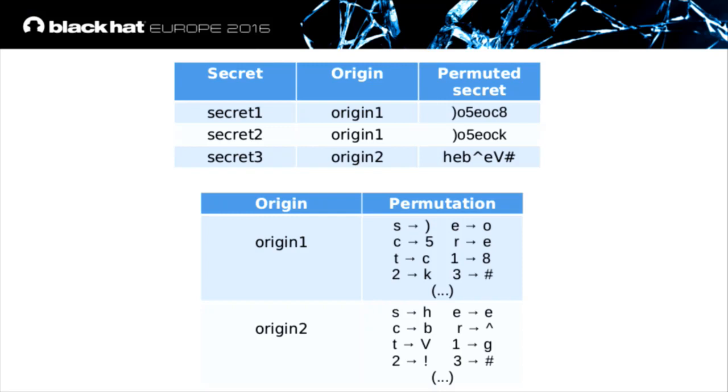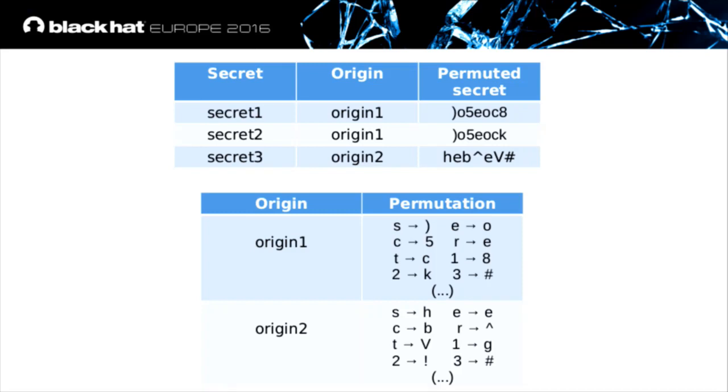Here is an example of how this happens. We have two origins, origin 1 and origin 2, and here are the permutations. Of course, there are more, but here is what we're going to need. And we have two secrets from origin 1, secret 1 and secret 2. As you can see, this is a permuted secret.